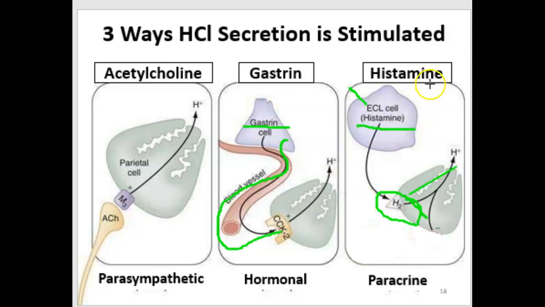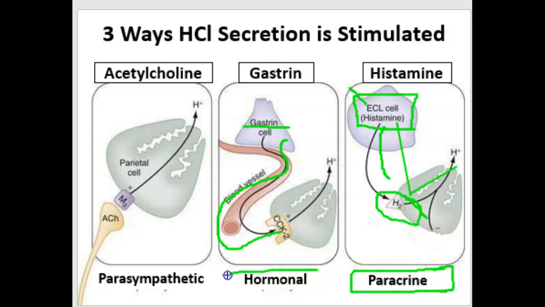But the real power of these ECL cells is that some of them don't have to use the bloodstream to get to a neighboring parietal cell. Instead, they can act locally by just diffusing to the neighboring cell, the neighboring parietal cell. So more often than not, histamine functions as a paracrine signaling molecule versus really an endocrine or hormonal signaling molecule.